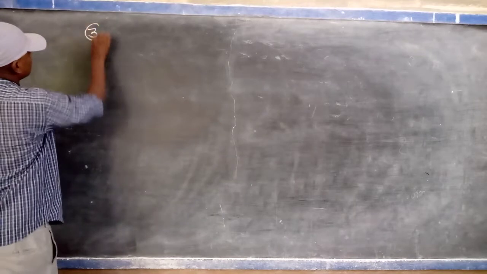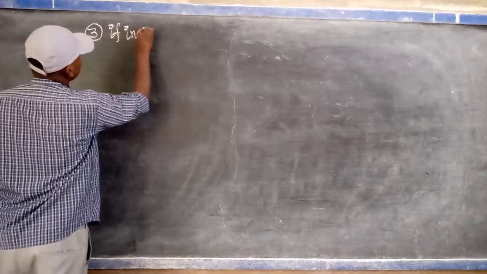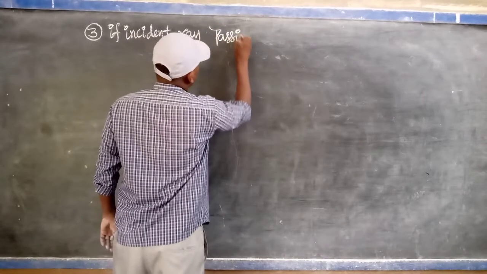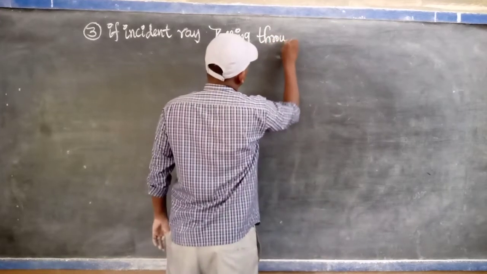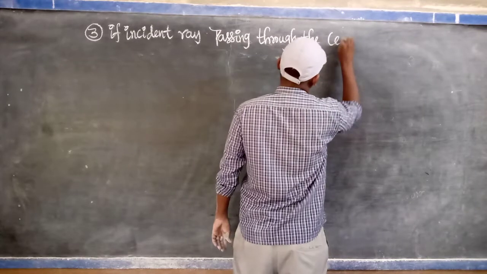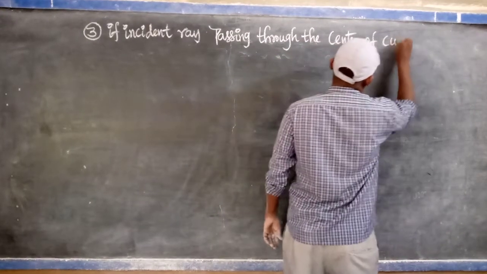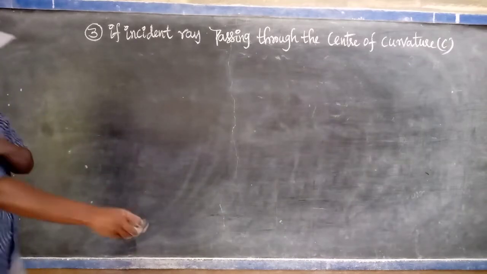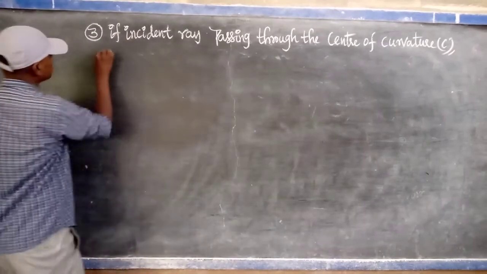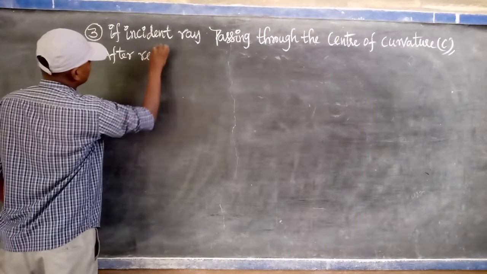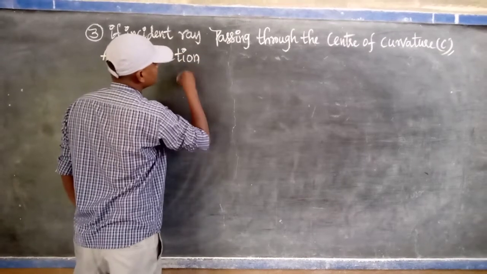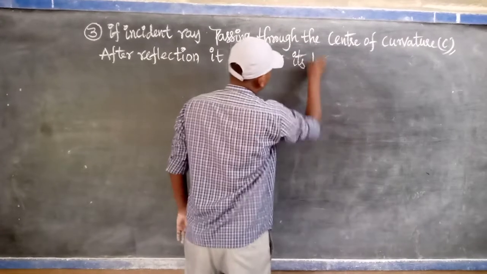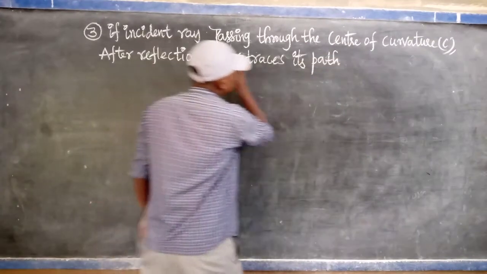Next, the third one. If the incident ray passes through the center of curvature, after reflection it retraces its path, meaning it moves back along the same path.